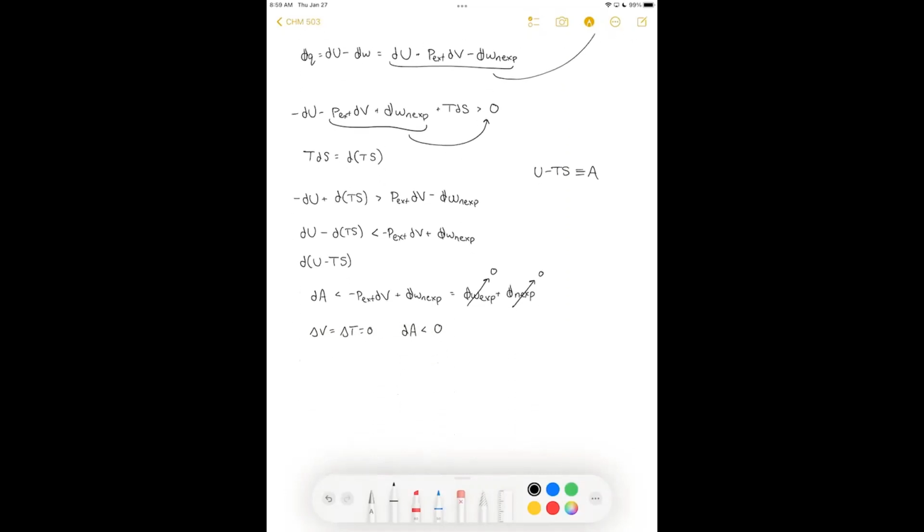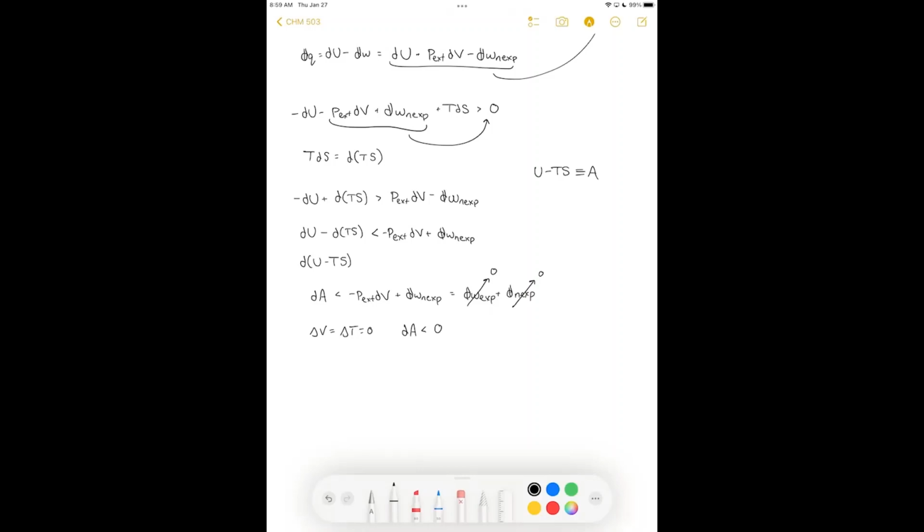For all naturally occurring spontaneous processes, the change in Helmholtz free energy is less than 0. What we've noted here is that this Helmholtz free energy, much like the internal energy, is especially applicable for constant volume scenarios. In chemistry, we don't often have constant volume scenarios. We're typically working under constant pressure conditions, say on the bench or under a hood.